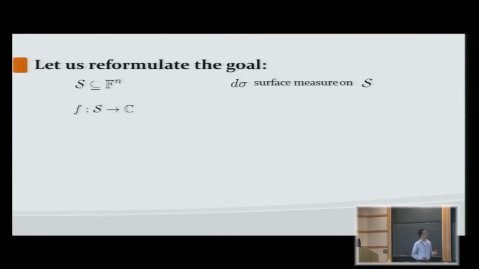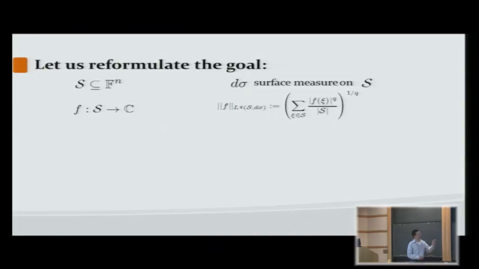So what does that mean? It just means that it's a probability measure on S that assigns the same value to every point, so I'm just normalizing by the size of the set. Now I'm going to consider a function that maps from the set to the complex numbers, and I'm going to define an L^q norm of it with respect to this measure I put up here.